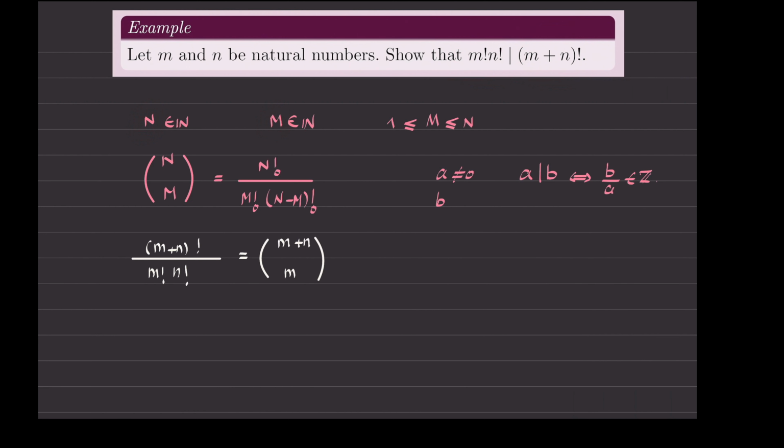We know why this is true, because if I ask you to open this using this formula, you will write this number on top according to the formula, which is correct. You write this number in the denominator, which is correct, and then the difference between them factorial, which is n factorial, in the denominator. So this equality indeed holds. But this is the number of ways that I can choose m people out of m plus n people. Definitely this number is a natural number.